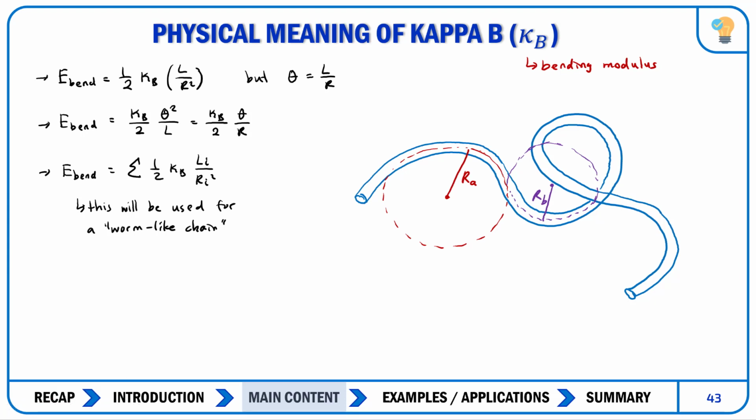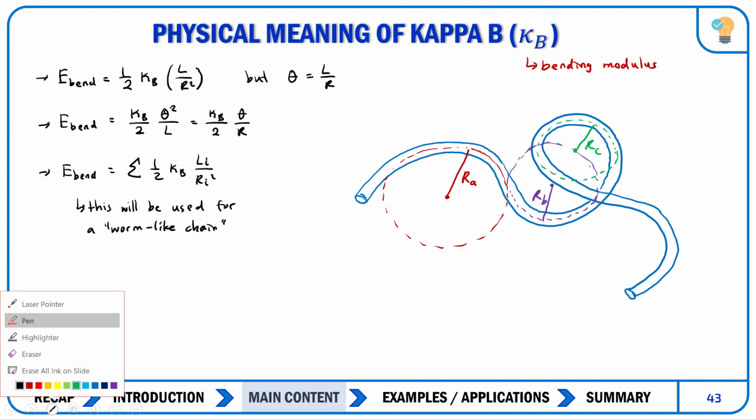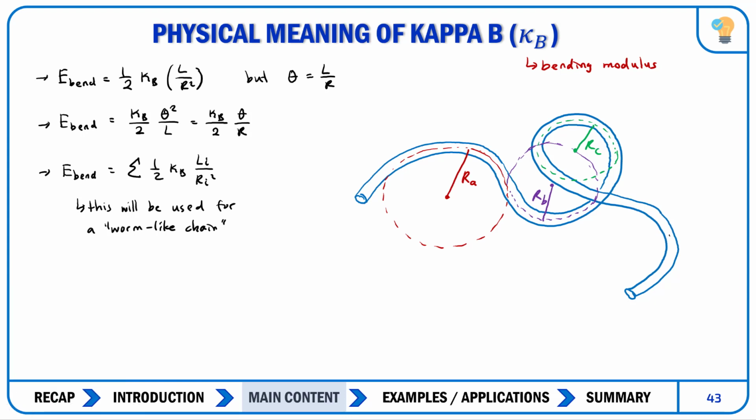I have another bend here that I want to mimic. RC. And of course you can have more if you want. These are just some examples. And I'll use black for this last one, RD.